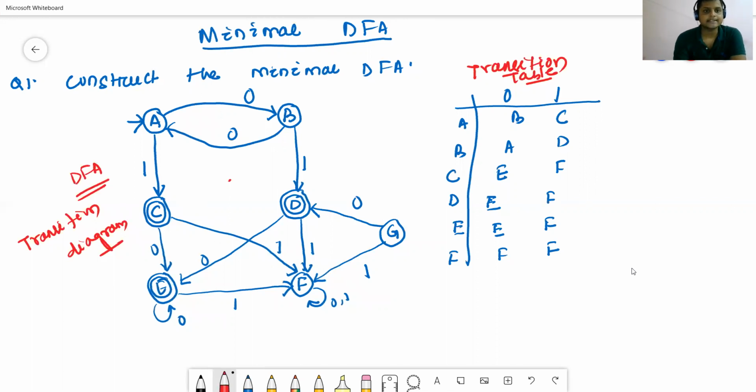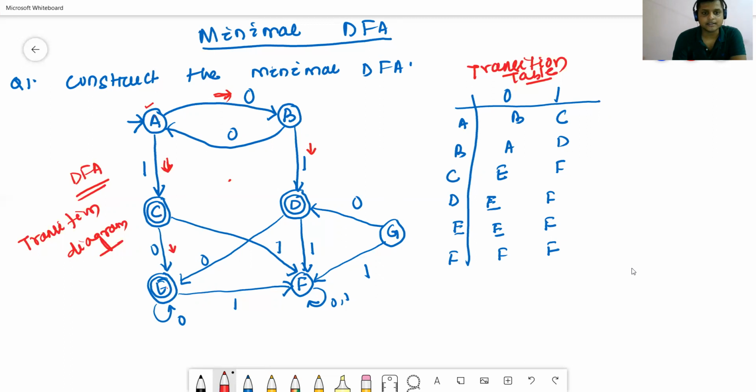A is itself the initial state. We can reach B from the initial state using this path. We can reach C from the initial state using this path.